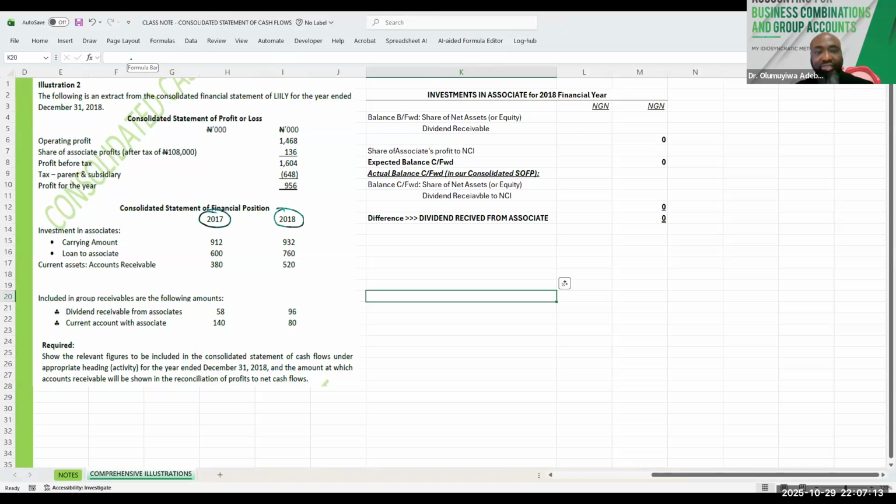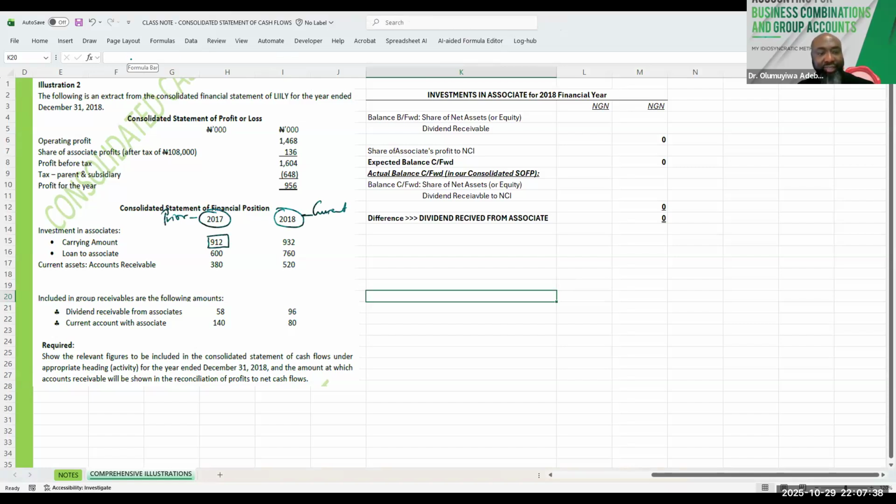Current year might come first, and previous year might come first. In this case, this is my prior year, and this is my current year. Therefore, my opening balance, based on the carrying amount, is 912.